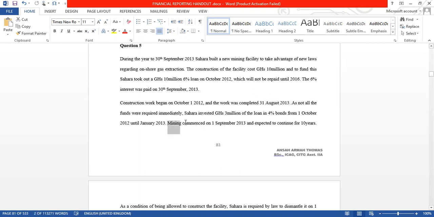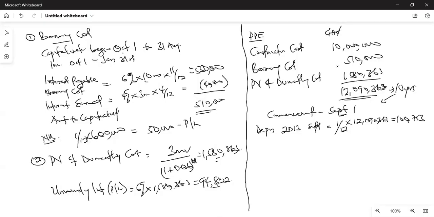They started on 1st September 2013, so from 1st September to 30th September, you have just 1 month of usage of the asset in that specific year. That is why we did 1/12 to obtain our depreciation for the year.